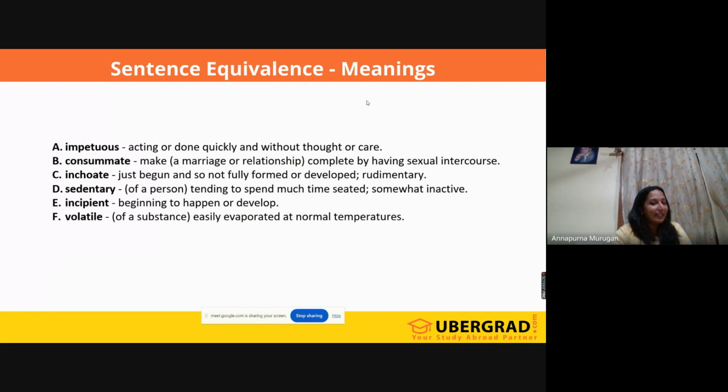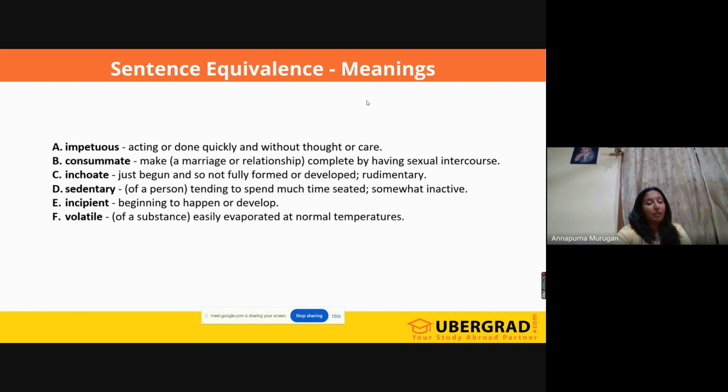Inchoate is what? It has just started. And incipient is also, it has just begun to develop. So the words we have here are inchoate and incipient. Very good, guys. And the other words, meanings are here. Impatient, that is acting or doing something very quickly, very carelessly.